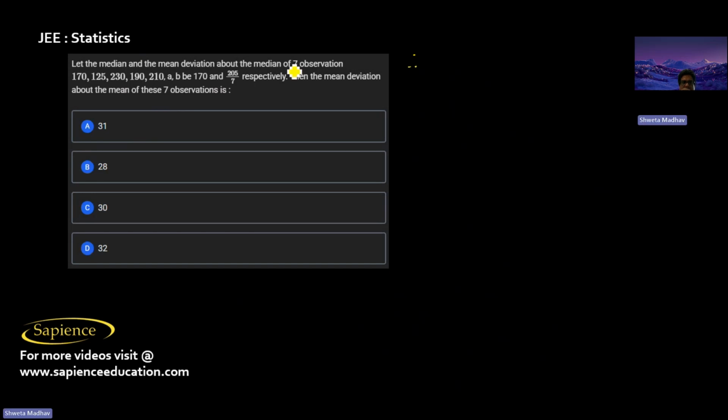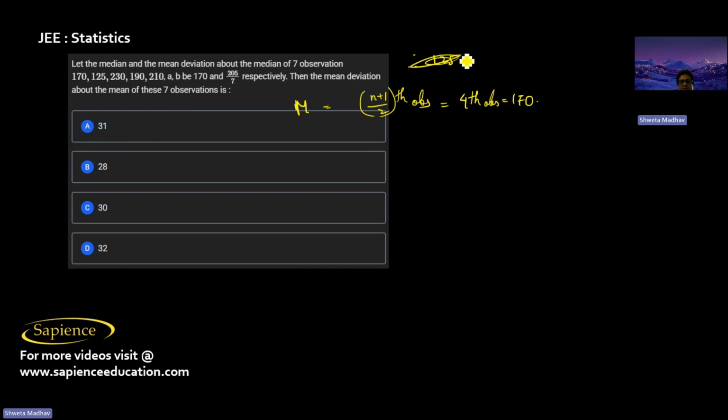So, median is 170, it has been told. There are 7 observations, so 7 plus 1 by 2, 170 should be the 4th observation, since when there are odd number of observations, then n plus 1 by 2th observation will be the median. 4th observation should be 170.